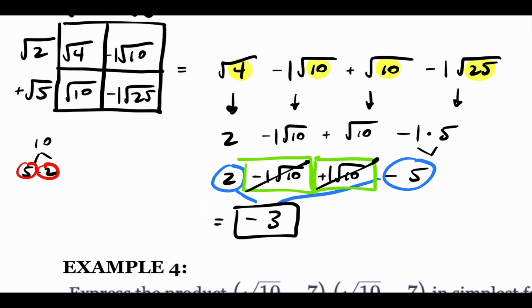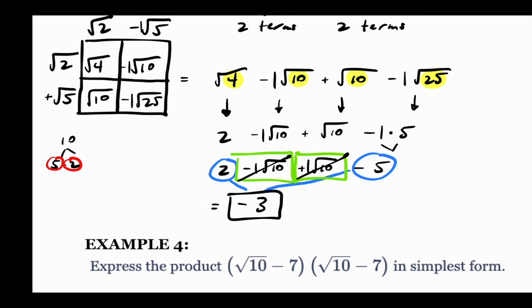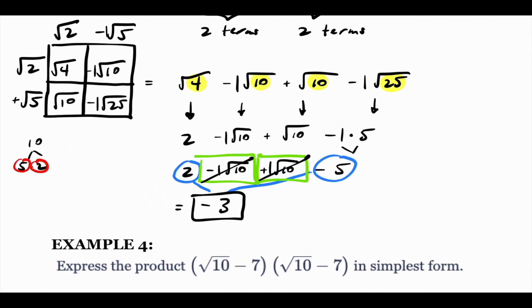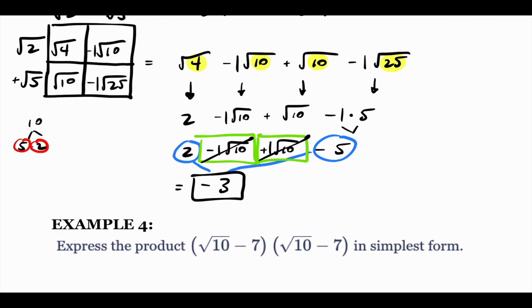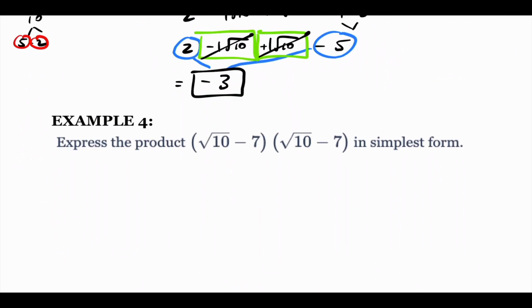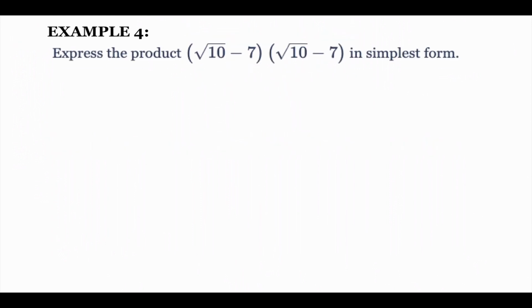Okay? That's essentially what we're doing. They change it up a little bit in the other examples, but that's essentially how you multiply. All right, let's do example number 4 now. Again, we have 2 terms and 2 terms.